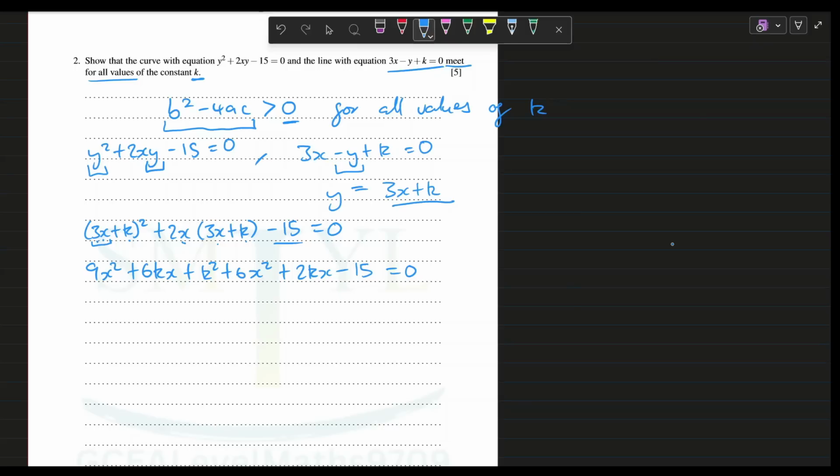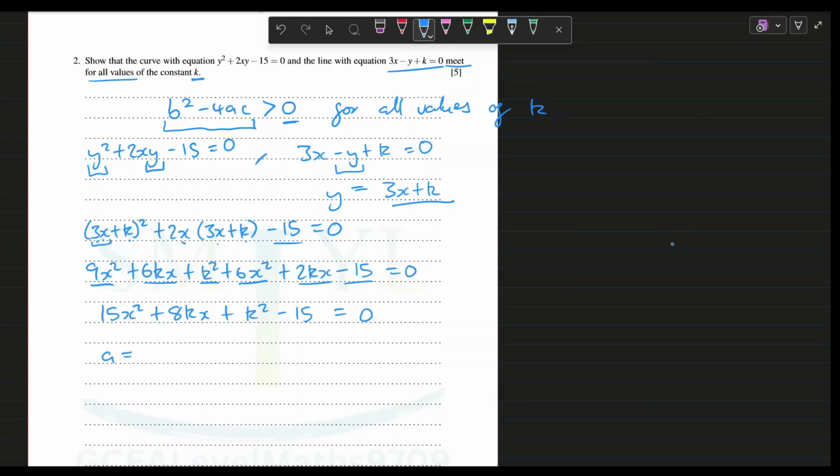Right, let's simplify like terms. We've got 9x squared plus 6x squared, that gives us 15x squared. Then we've got 6kx plus 2kx, so that's 8kx. Then we've got k squared minus 15 is equal to 0.